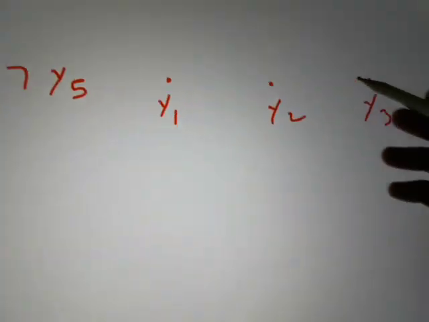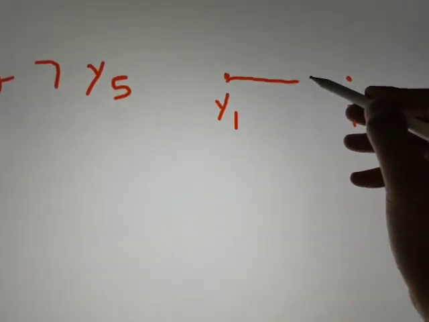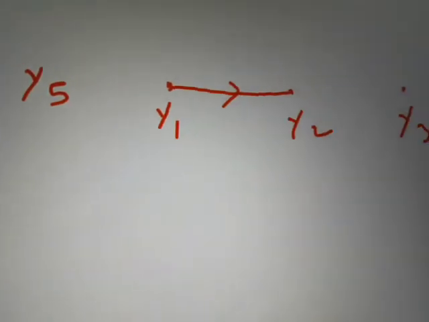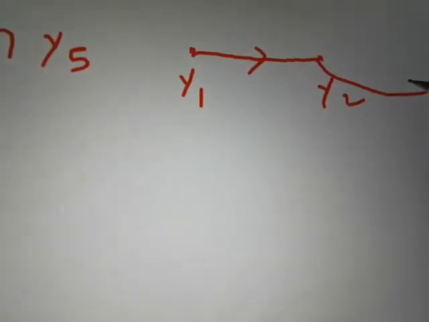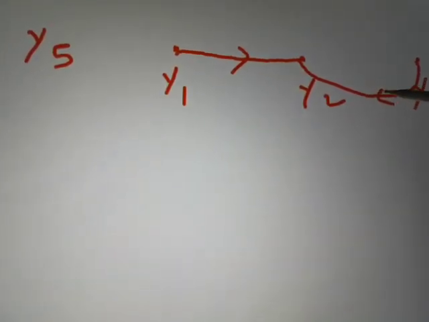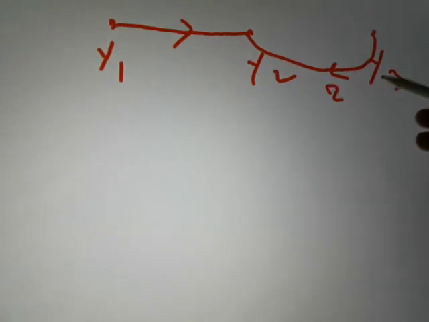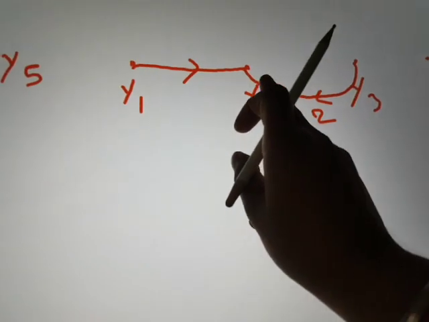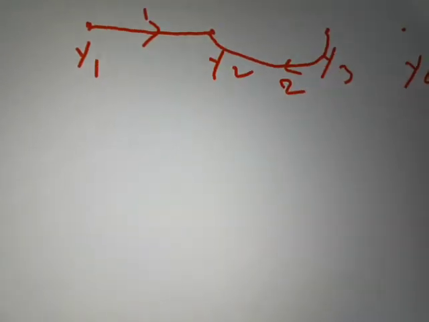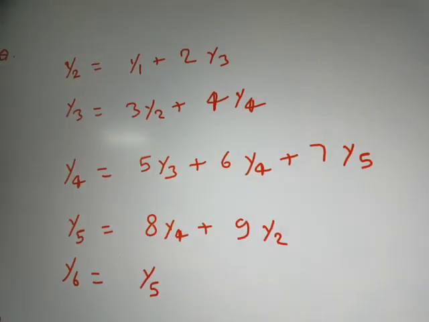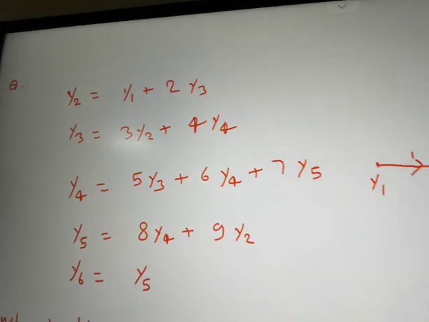So y2 equals y1 means the gain will be 1, plus 2y3, so draw a branch from y3 to y2 with gain 2. Now for the next equation, y3 equals 3y2 plus 4y4.